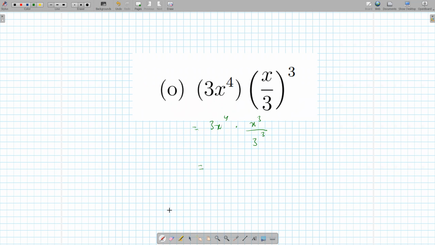Do you add the exponents? For the x's, yeah, you do, because you're multiplying them. So you'll get x to the 7, but what about the 3's? Now this has a power of 1, right? So do you want to bring the 3 cubed up, or do you want to bring the 3 to the power 1 down?